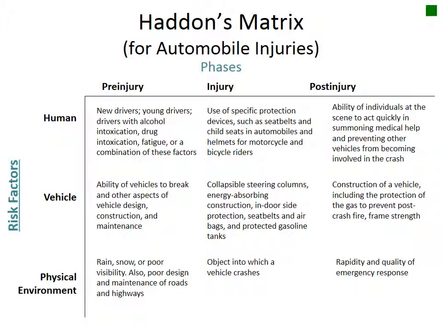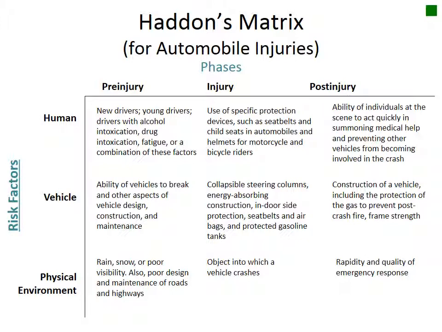I really like this matrix because it tells us that in an injury there are three phases. There's a pre-injury phase, before the injury occurs. There's the actual time that the injury occurs, and then there's the post-injury phase. In this time period, there are risk factors.